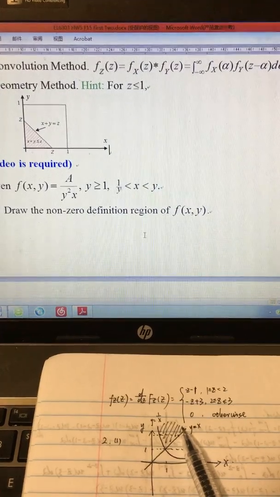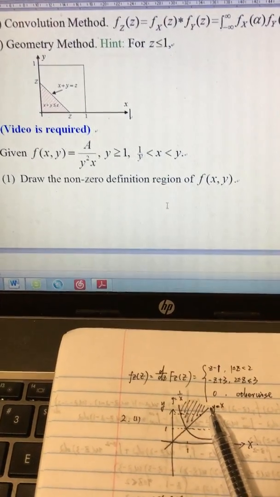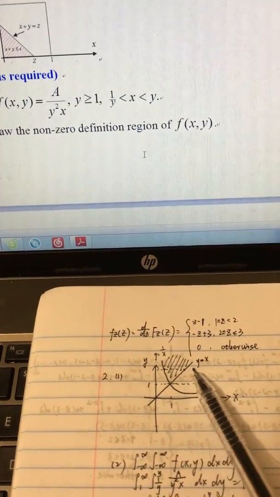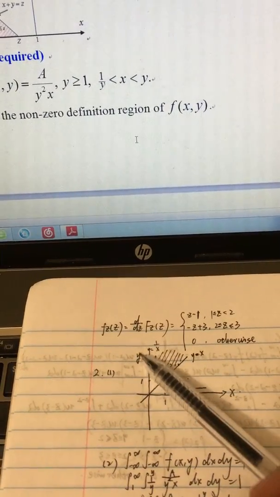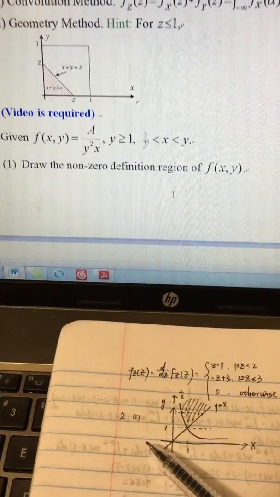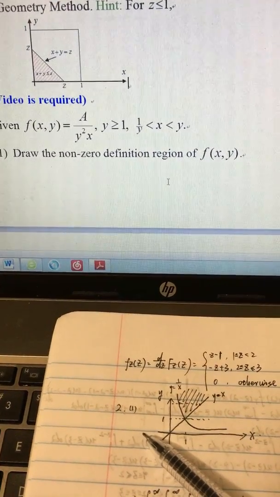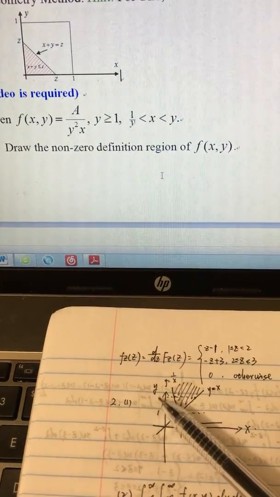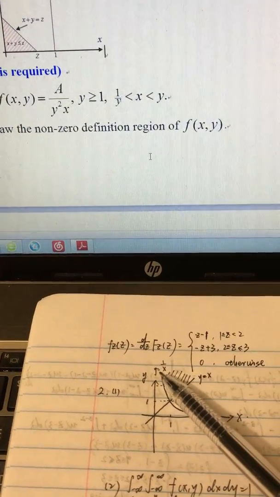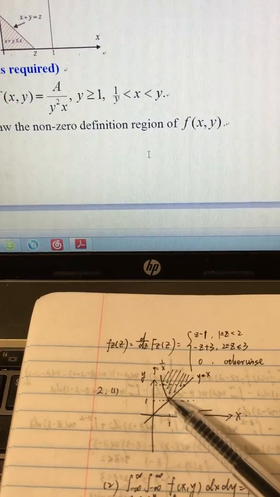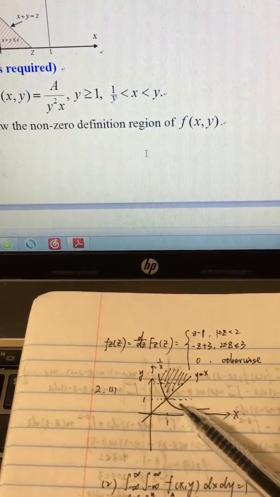Based on the information given in the question, y is greater than x. Y equals x is this line. It's greater, so it's the above part. And 1 over y is less than x. Y equals 1 over x is this diagram.